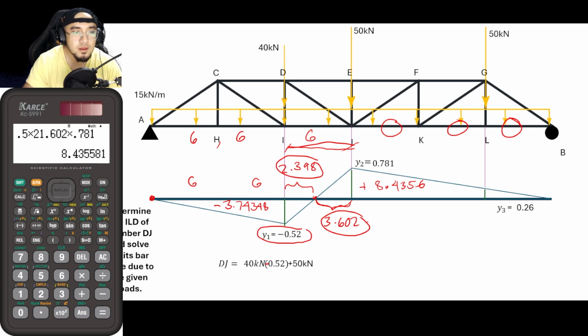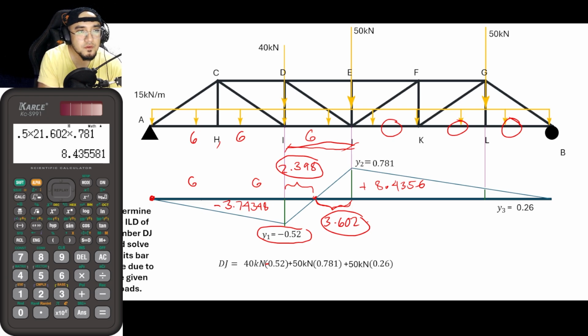Plus 50 times 0.781, that is this value here, plus 50 times 0.26, which is what we have solved earlier. So that is the effect of these three forces.